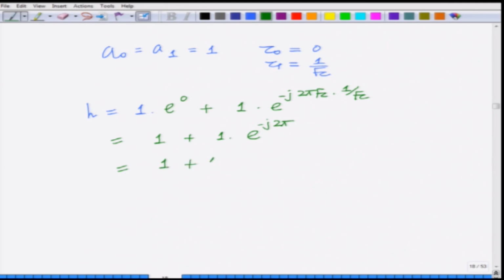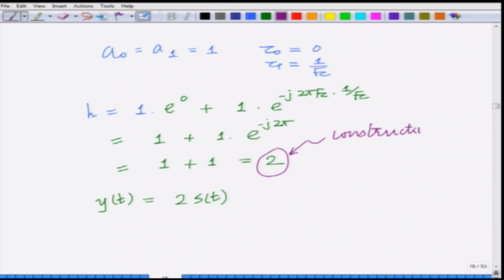So, this is 1 plus 1 equals 2, and since h is 2, we have y of t equals twice S of t, that is twice the transmitted signal. Because these two signals add up constructively, this is constructive interference, and as a result you see an enhanced signal amplitude.